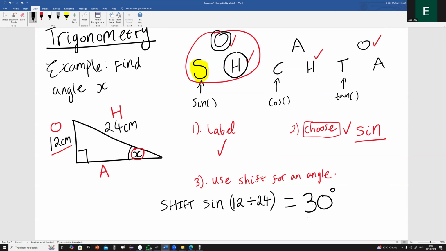And it's degrees because it's an angle. Okay. So remember, for an angle, you have to press Shift first.